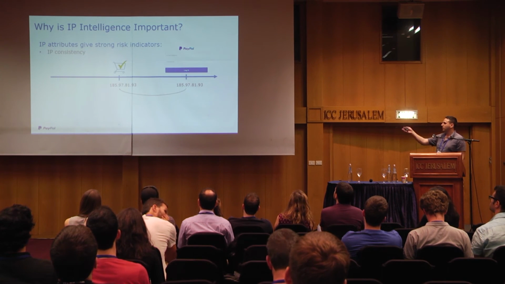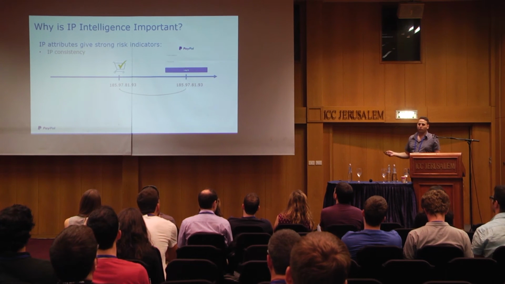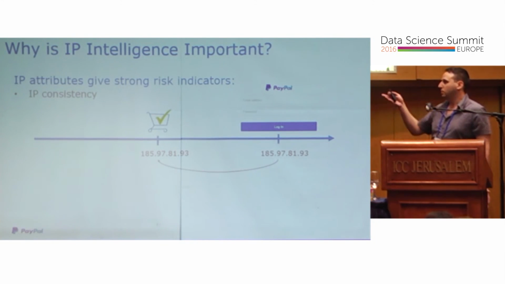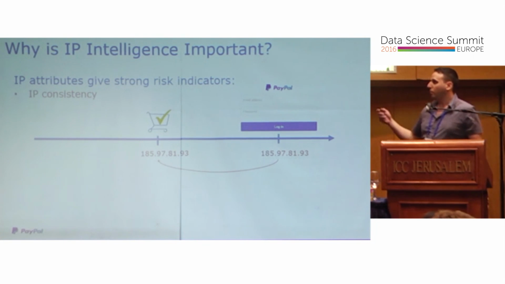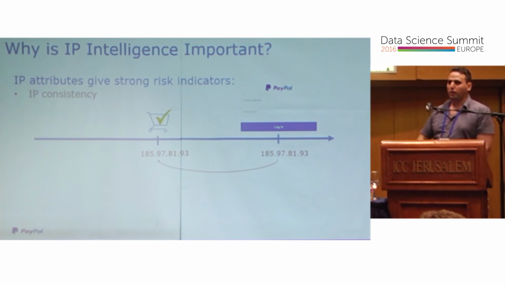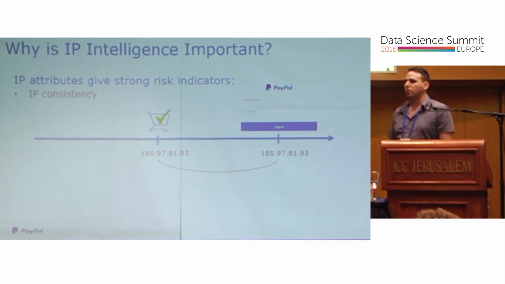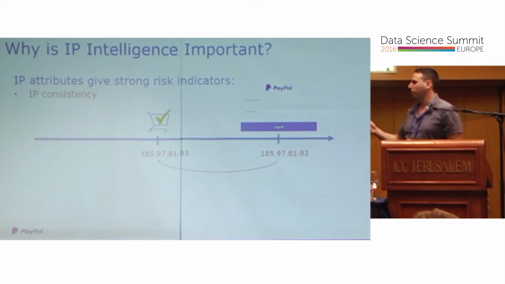If we know that this IP was used successfully before, then obviously that's a very good sign that this is a legit activity. And you can think about many more IP-related attributes, such as does the IP location match the user location, or did we see bad activity coming from this IP?